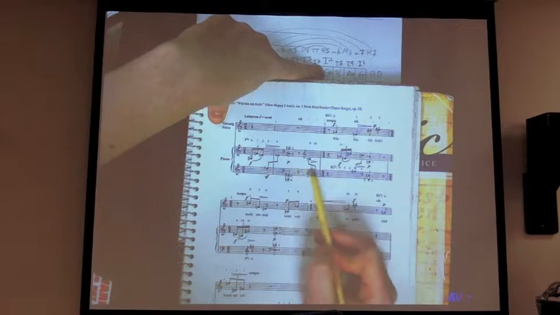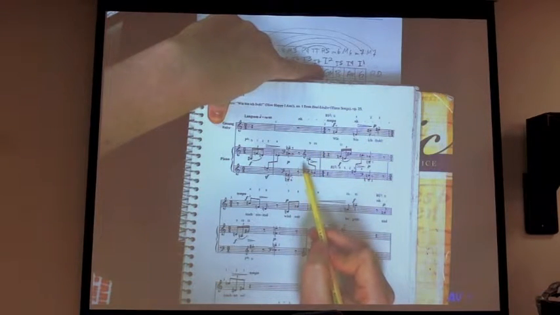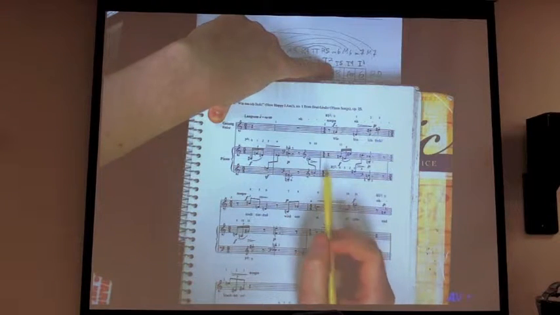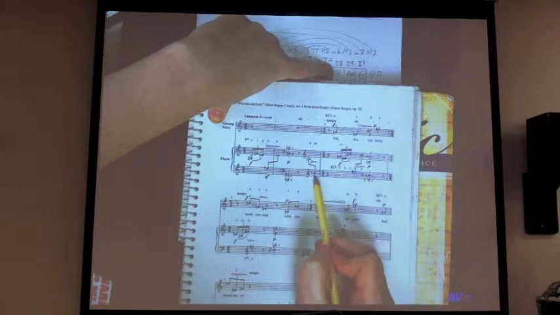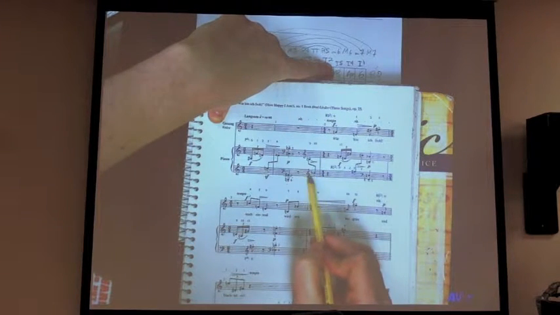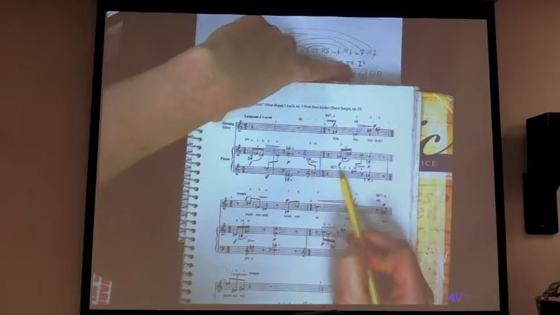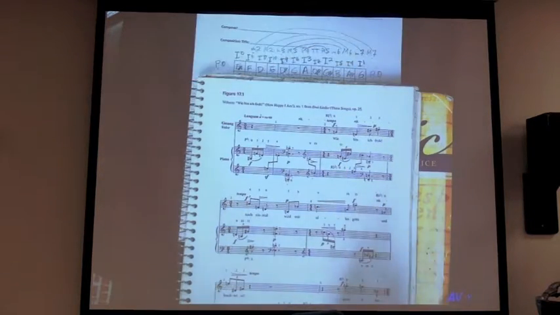Then we go back to treble clef, keep that in mind, with B for 9, and then A sharp or B flat, notice this is treble clef again, and then finally we end on G. So that's our prime row.